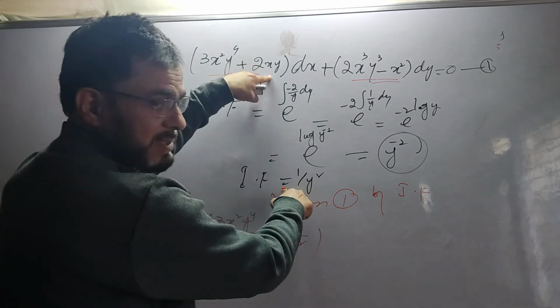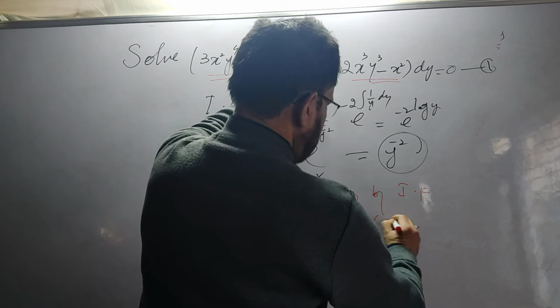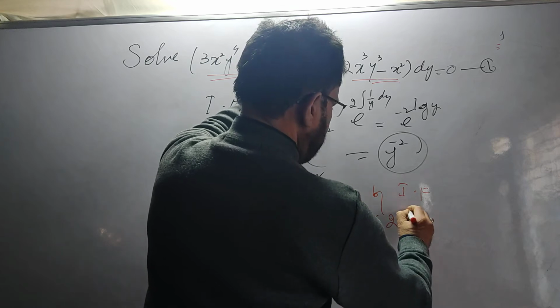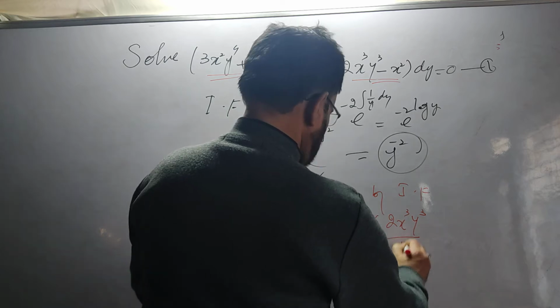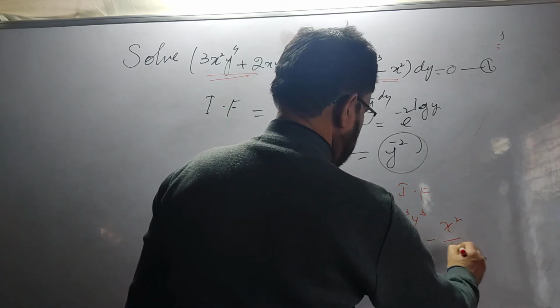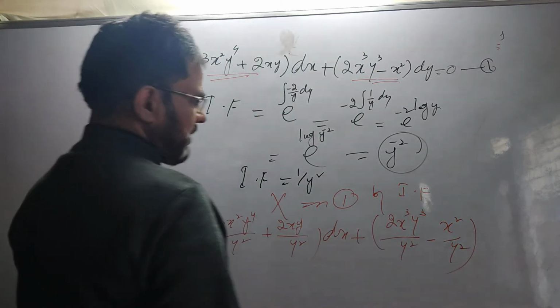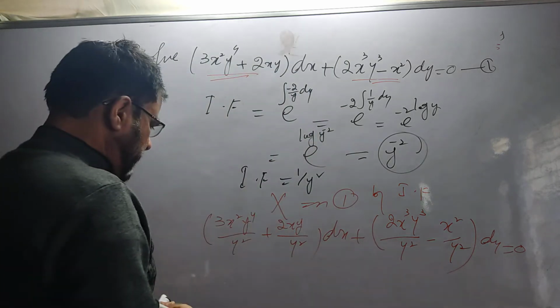I am multiplying by this 1 by y square into dx plus this is your 2x cube y cube by y square minus x square by y square dy is equal to 0. Let us simplify this.